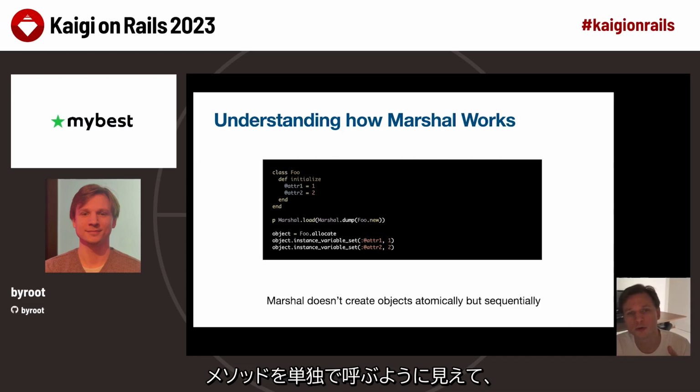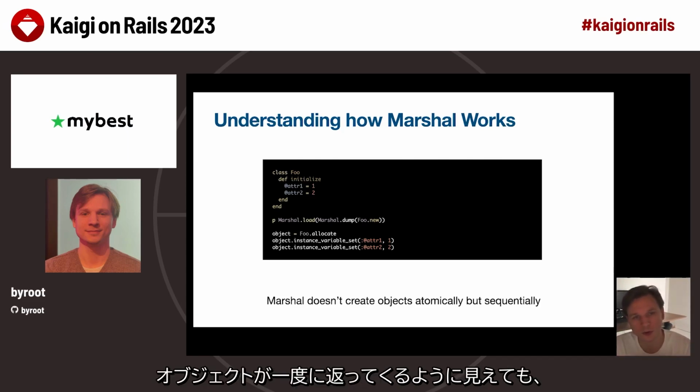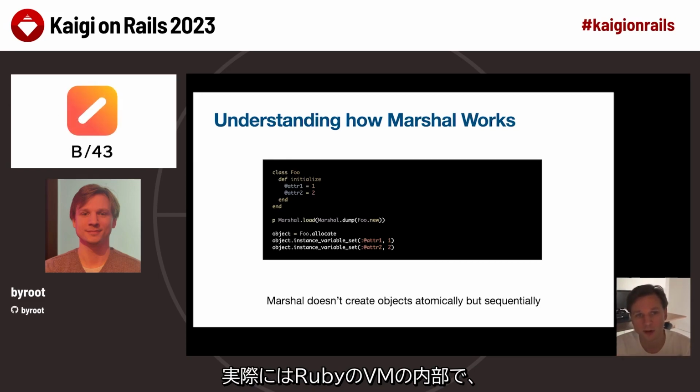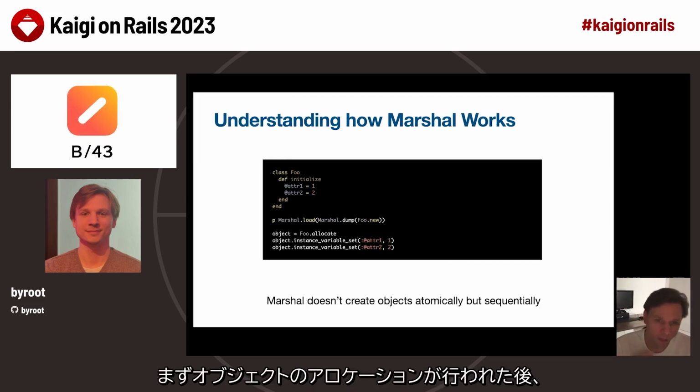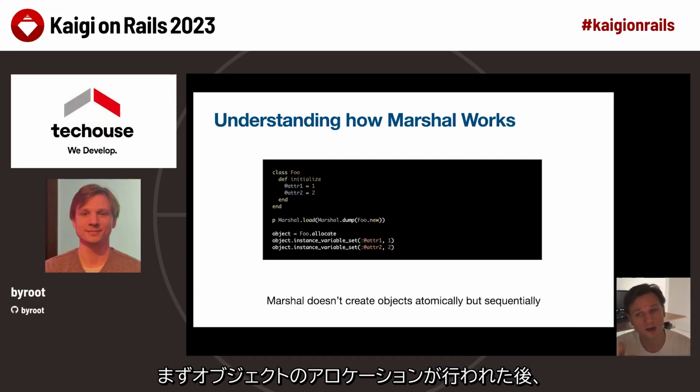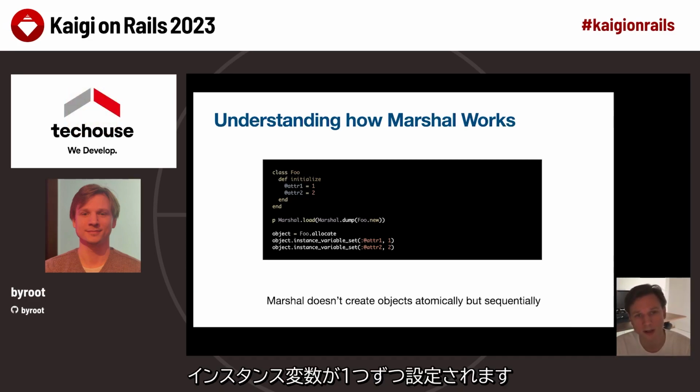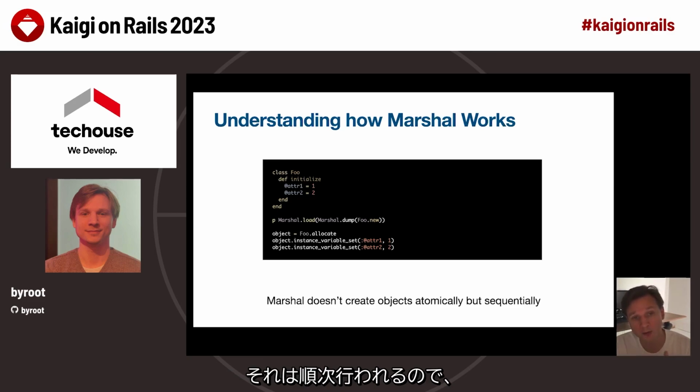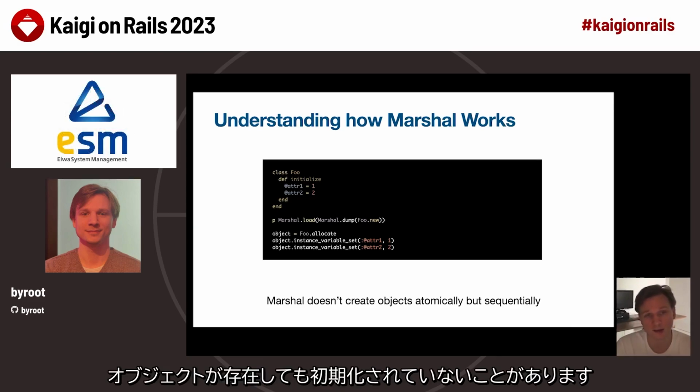From your point of view, you're calling a single method and it returns an object graph all in one shot. But internally in the Ruby virtual machine, it first allocates the object and then assigns the instance variables one by one, all sequentially. So there are points where the object exists and is not yet fully initialized.